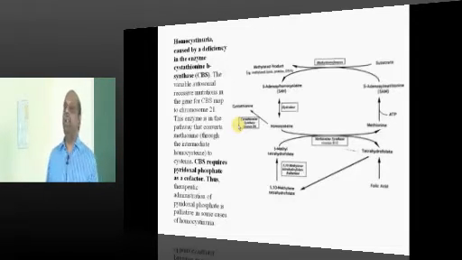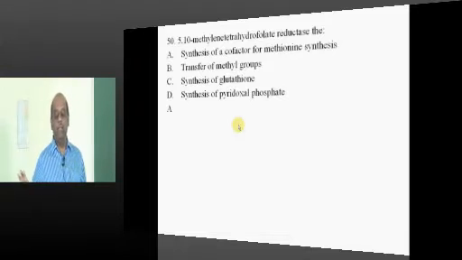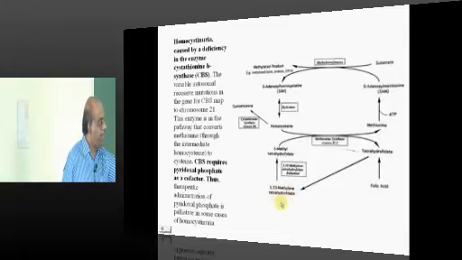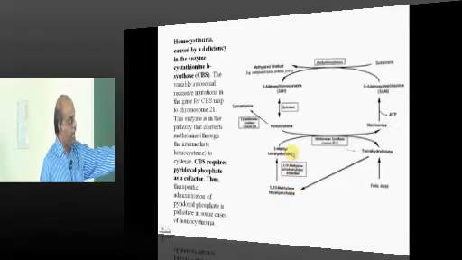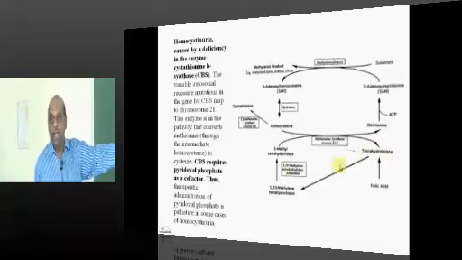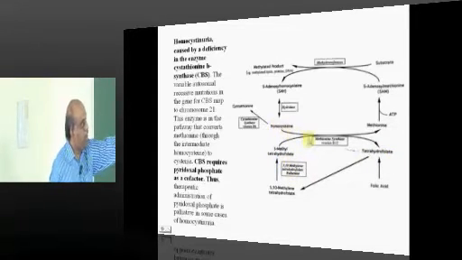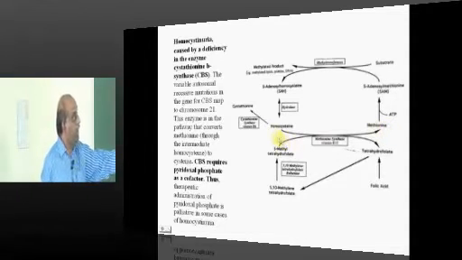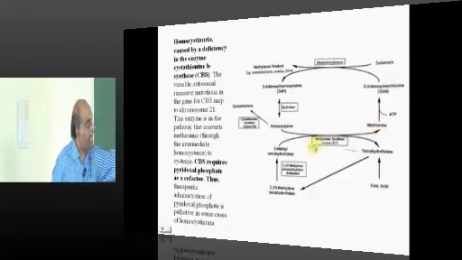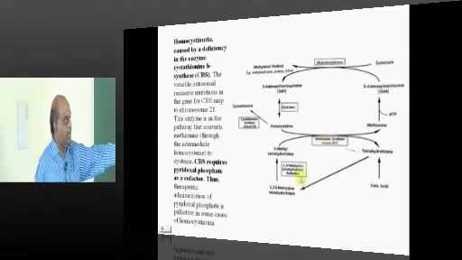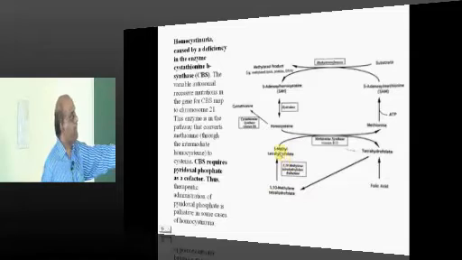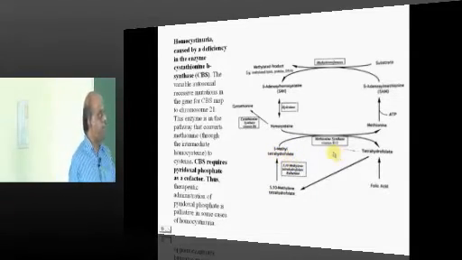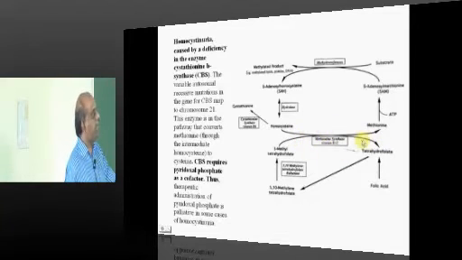5,10-methylene tetrahydrofolate reductase is involved. 5,10-methylene tetrahydrofolate gets converted into tetrahydrofolate and it will donate the methyl group to the homocysteine, which is converted into methionine. So for homocysteine to methionine conversion you require this very important substrate, 5-methyl tetrahydrofolate, and you have methionine synthase involved in this step.